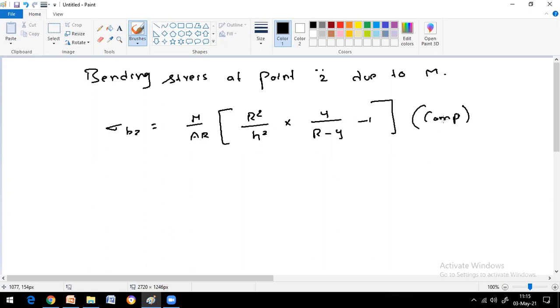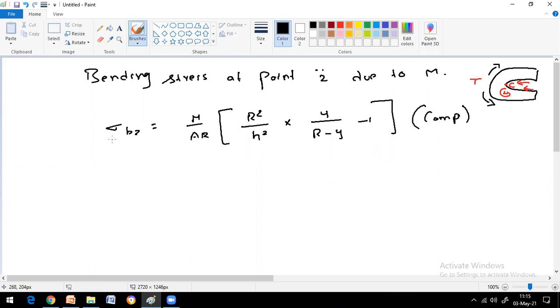And why is it under compression? Let's think. When you bend your circular rod in a circular shape, these layers will be under tension. And what happens to these layers inside? Compression. That's why the stress at this point 2 is under compression. It is not that we are writing blindly.